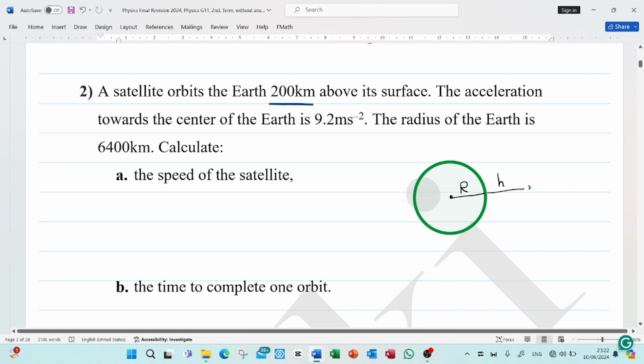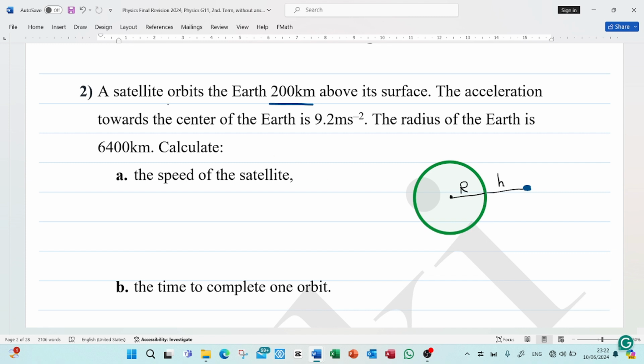The satellite orbits the Earth 200 kilometers above, then H is 200 kilometers. We have to convert to meters.